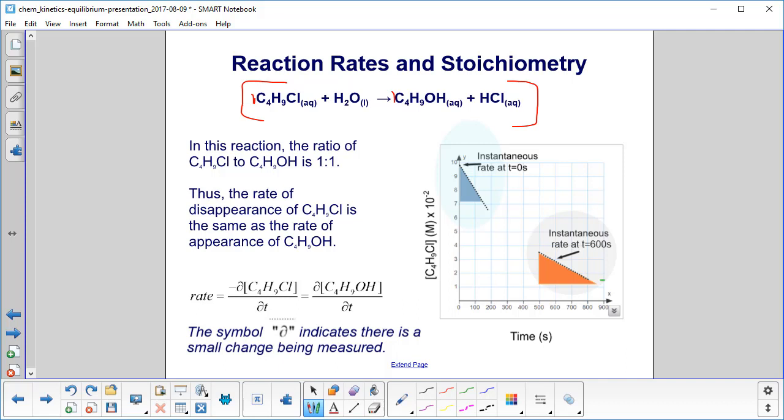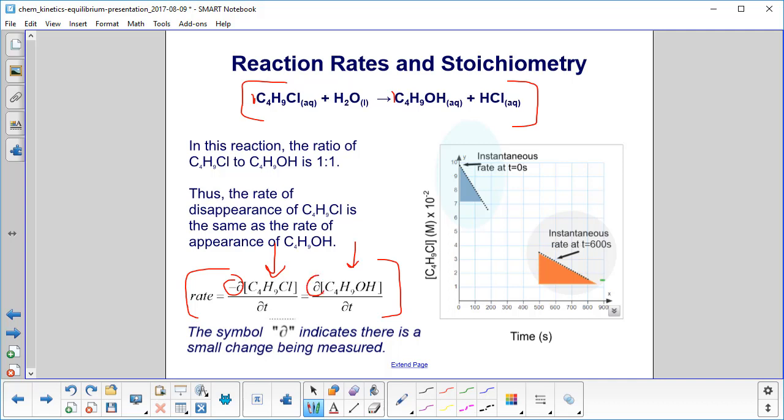Thus, the rate of disappearance of butyl chloride is the same as the rate of appearance of butanol. And we do a little math here. There's the rate, and here's the concentration of butyl chloride. And notice we have a negative here, right? That means it's going down. And over on the right, we have the rate of the appearance of the butanol. And we have a positive because it's growing.